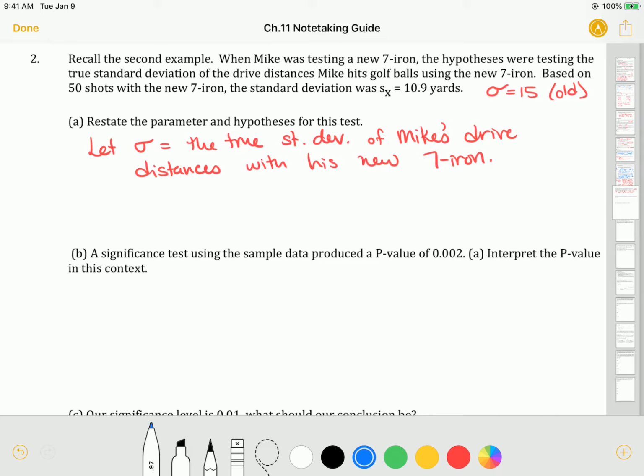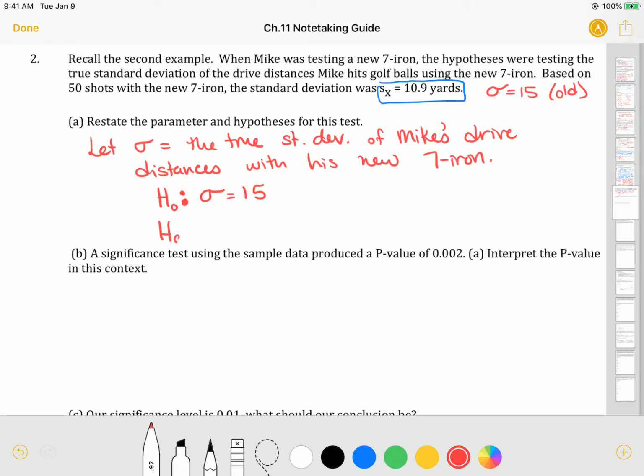So technically, we shouldn't even see that sample result yet. But what we're going to do is formulate these hypotheses from our assumption of what we think will happen. So H0 is what we know to be true, and that's that Mike will drive his balls with his old 7-iron, and these distances will have a standard deviation of 15 yards. So we know that to be true.